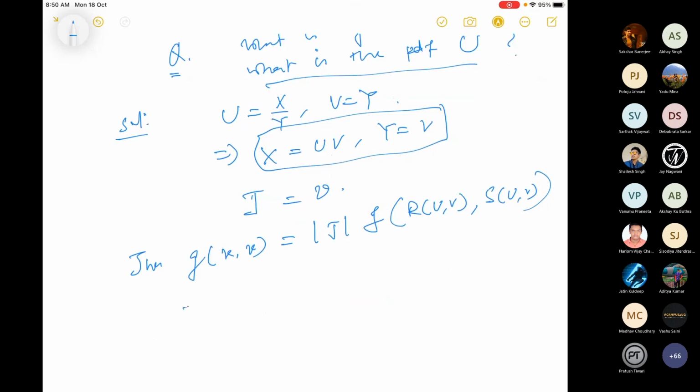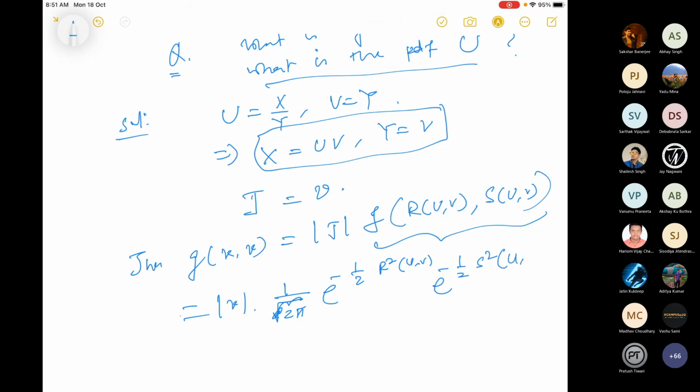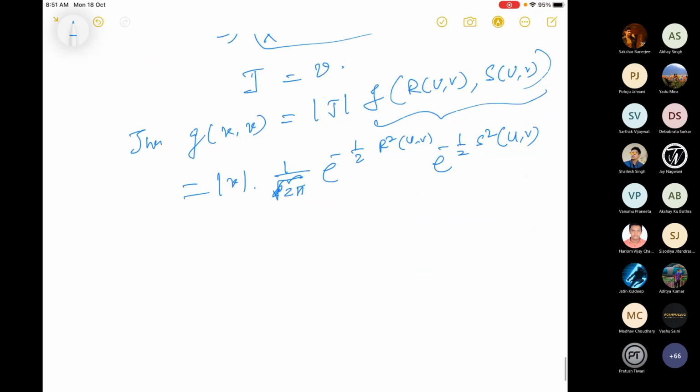So this is mod v, and this is independent, so f of x,y is f of x times f of y. So f of x will be nothing but 1 by square root of 2 pi e to the power minus half r square u,v, because this is standard normal. Again 1 by square root of 2 pi, so it is 1 by 2 pi in total, times e to the power minus half s square u,v. So this will be then what?